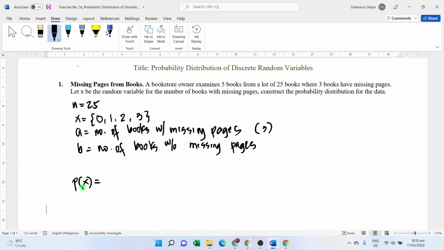And then if there is a total of 25 books, then we have 22 books without missing pages. Okay? So the probability of x will be, wait lang, class.